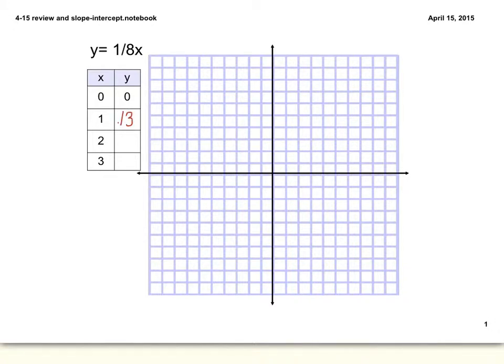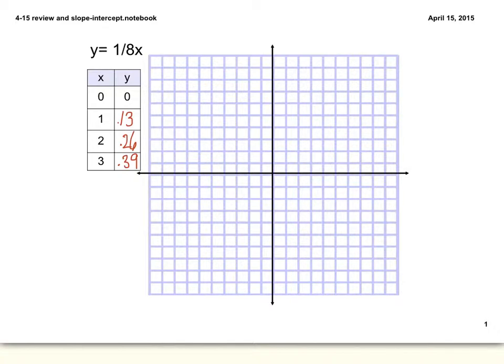And then I've got 1/8 times 2 is 0.26. And 1/8 times 3 gives me 0.39. So, here are my points. All I have to do now is graph them.